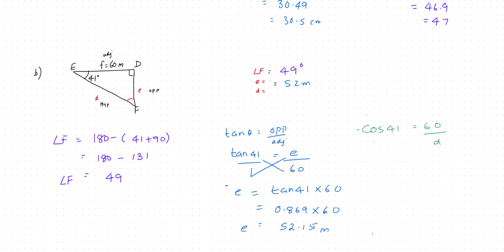So cross multiply: D times cos 41 equals 60 times 1, which is 60. To solve for D, we divide cos 41 on the left side and right side. Cancel. So D equals 60 divided by the value of cos 41. So cos 41 equals 0.754.